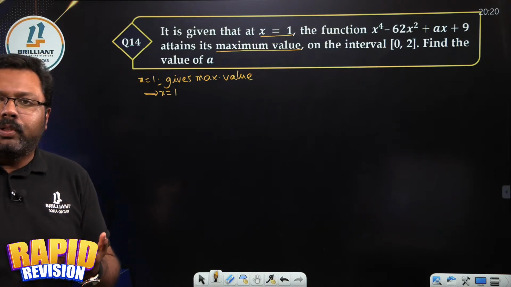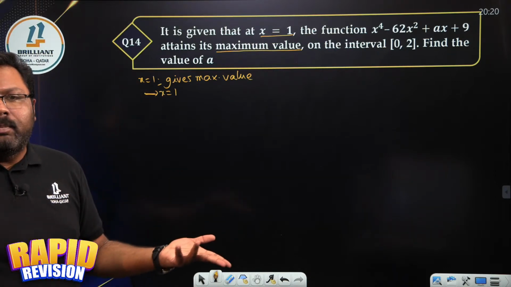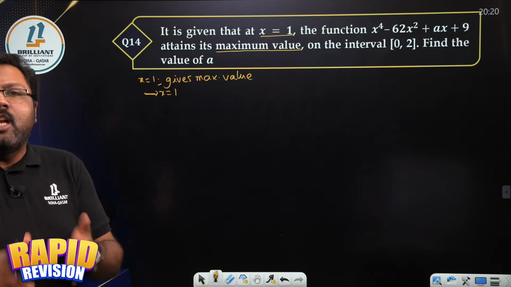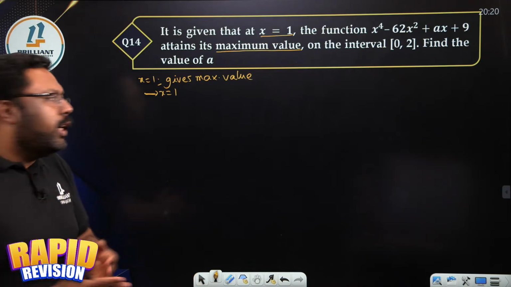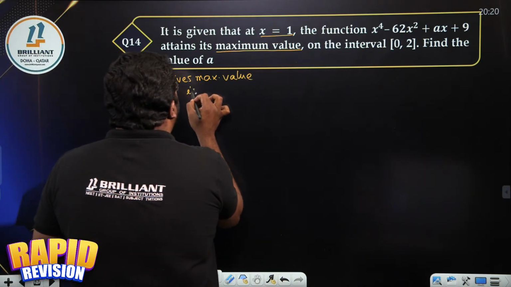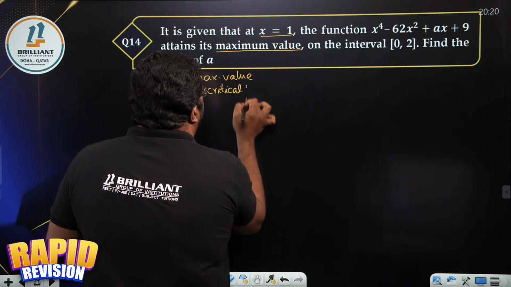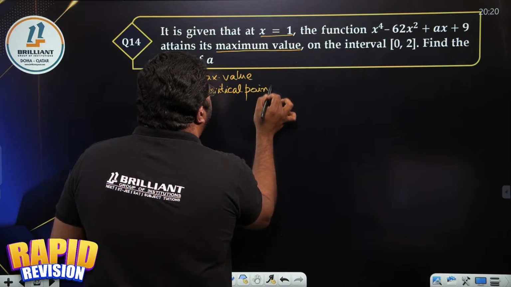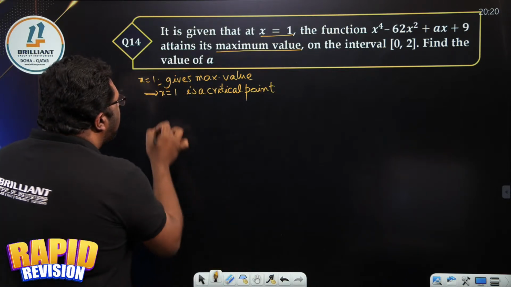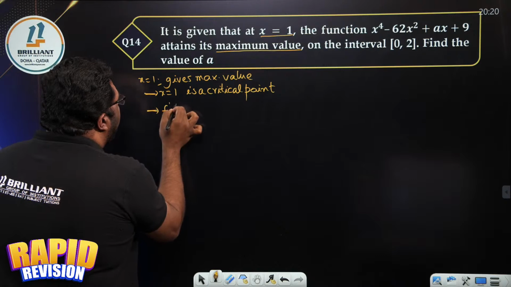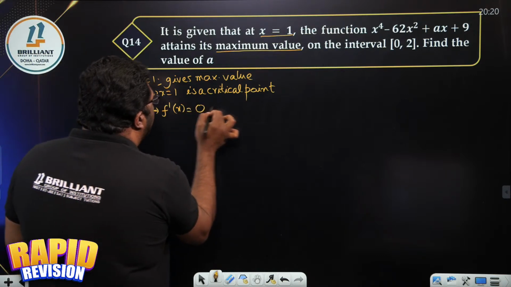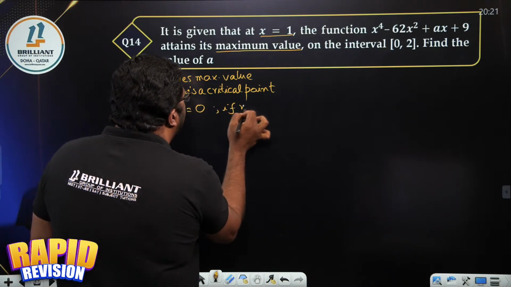It's always a critical point. Maximum or minimum, we do not care, but that value of x is always a critical point. So x equal to 1 is a critical point. So if it's a critical point, that implies f dash of x equal to 0 if x equal to 1.